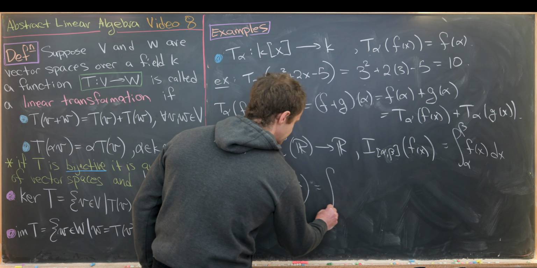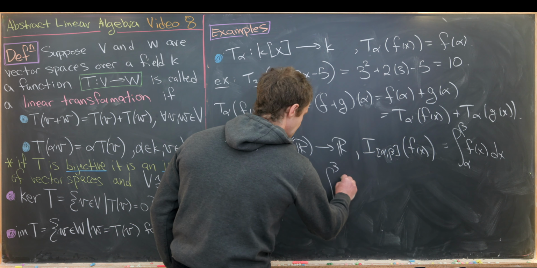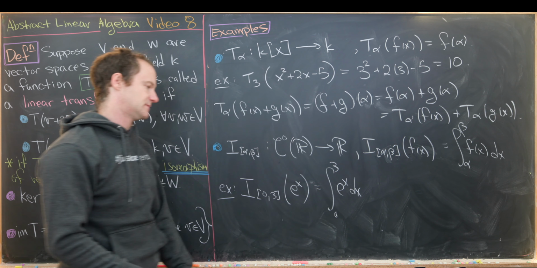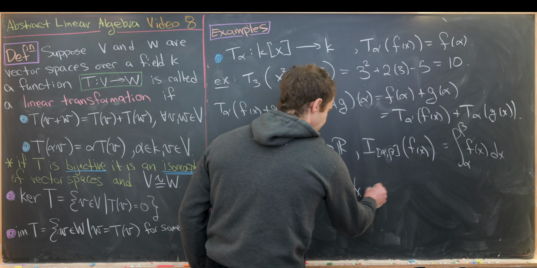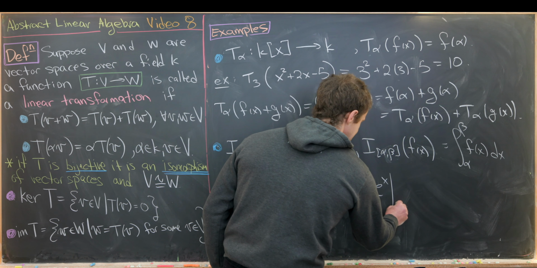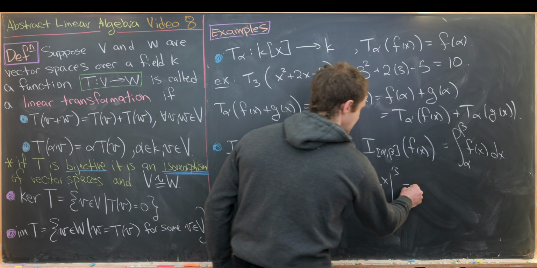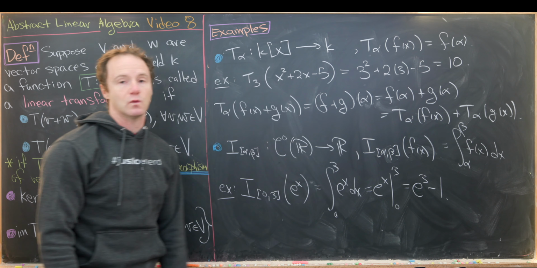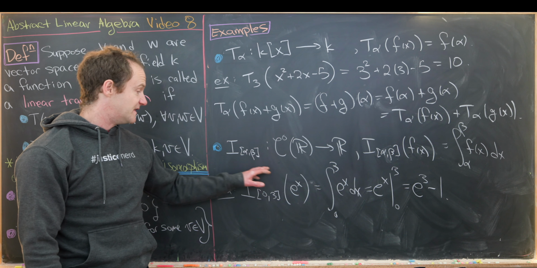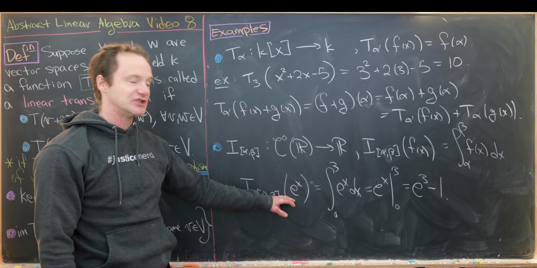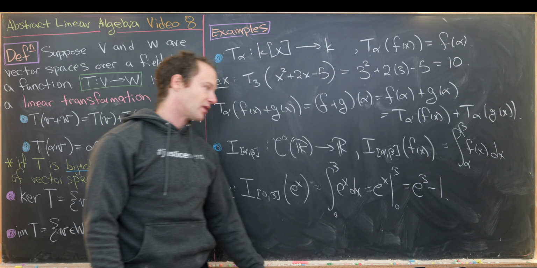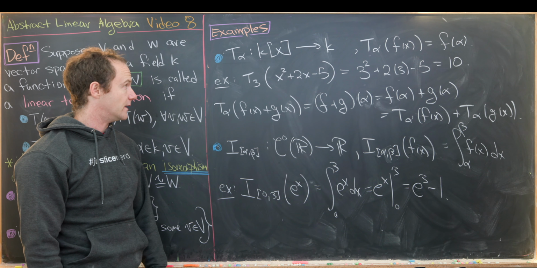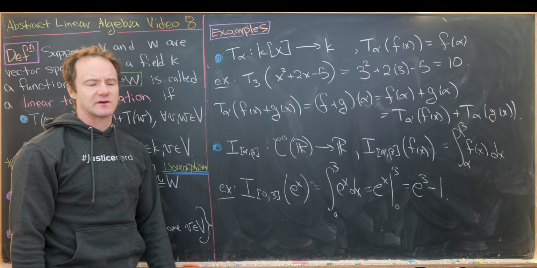So that's going to be equal to the integral from 0 to 3 of e to the x dx. But the antiderivative of e to the x is e to the x. That's e to the x evaluated at 0 and 3, which is e to the 3 minus e to the 0, which is 1. So this linear transformation takes the function e to the x to the number e cubed minus 1.